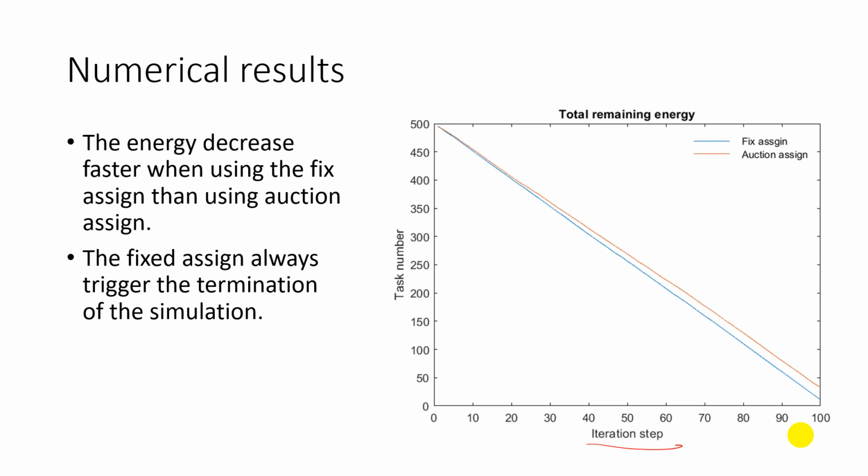In this figure, we can see that the auction-based algorithm can save some energy compared to the fixed assignment. Also, for each experiment, the fixed assignment always triggers the termination of the code.